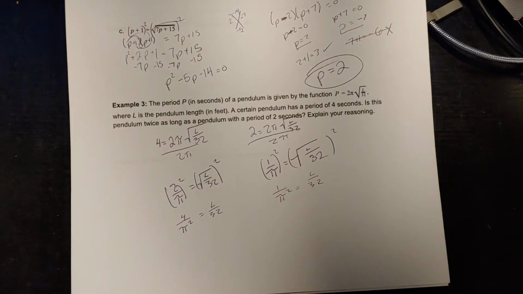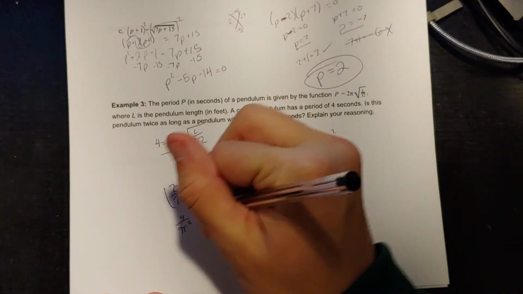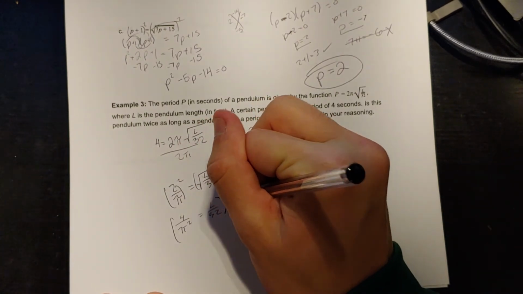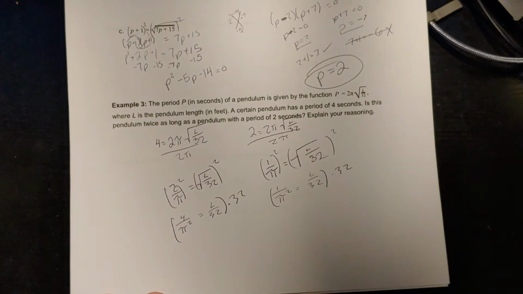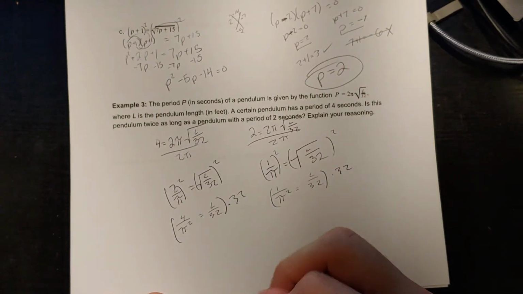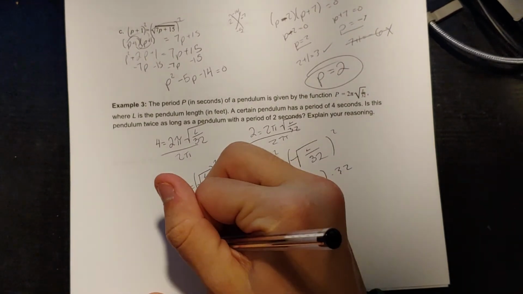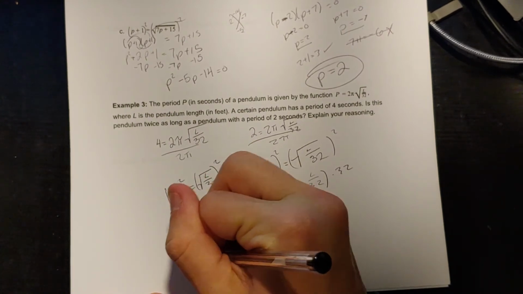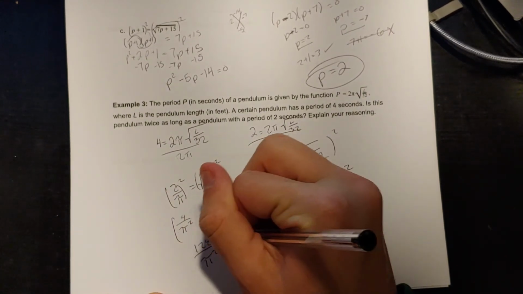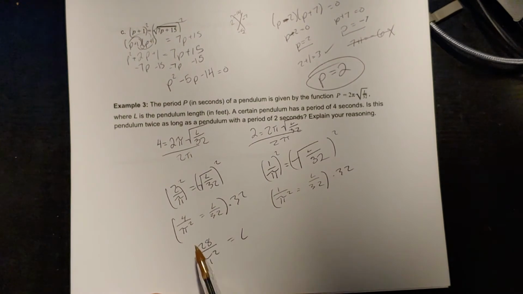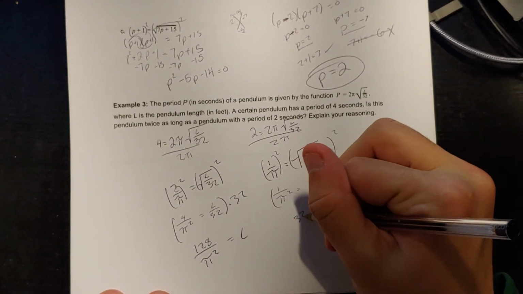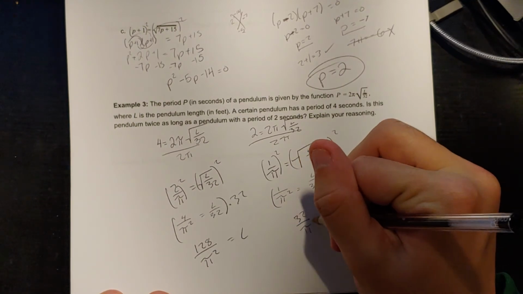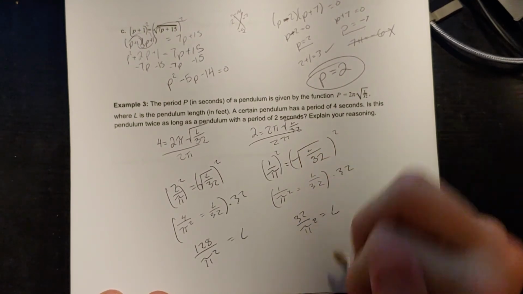Now we're going to multiply by 32 on both sides to get rid of that denominator of 32. So 32 times 4 is 128. So I have 128 over pi squared equals L, and that's for the period of 4 seconds. And then I have 32 over pi squared equals L on the right.